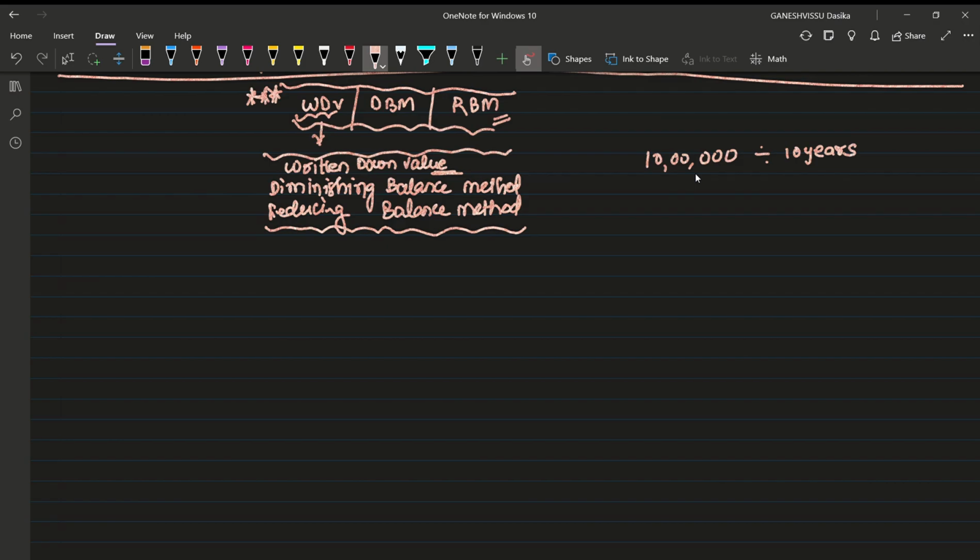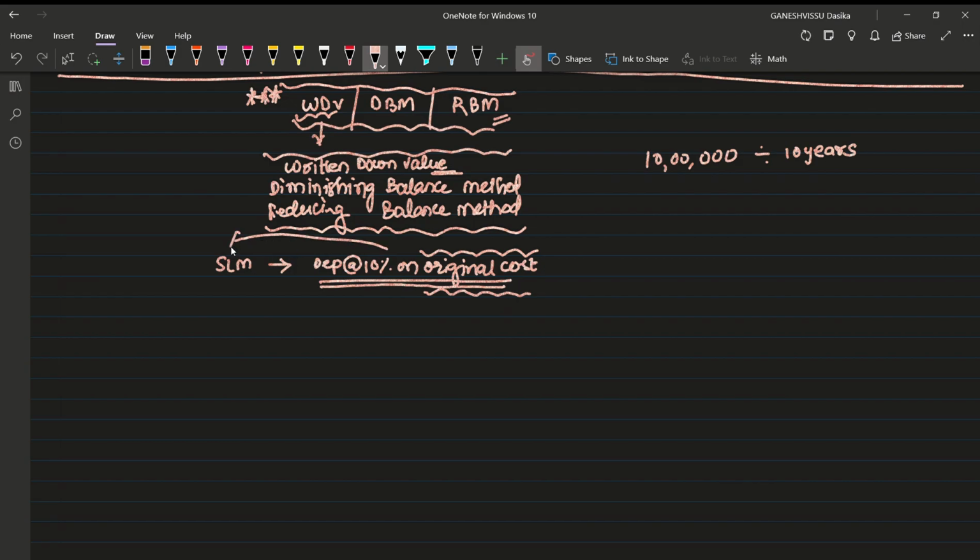In the straight line method, as I have already informed you, if we want to identify that a question is of the straight line method, the question will mention depreciation at the rate of 10% on original cost. The rate may be different, but on original cost will be mentioned. If it is mentioned, we can assume it is the straight line method.